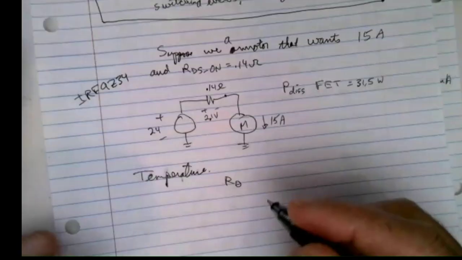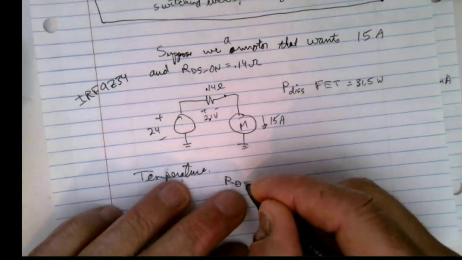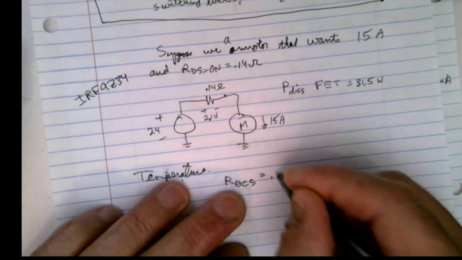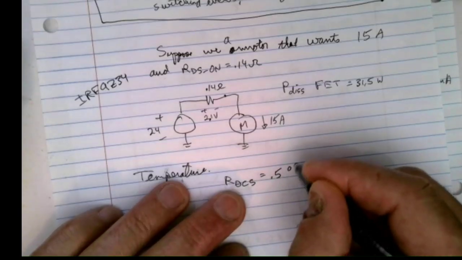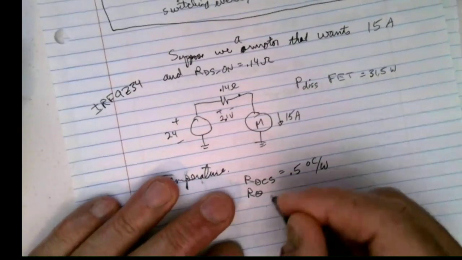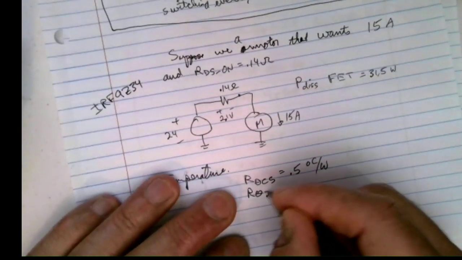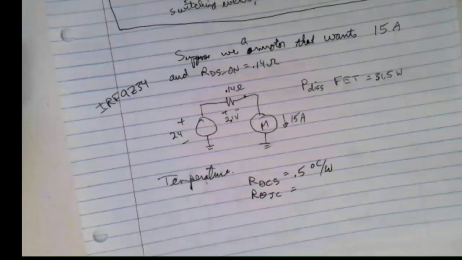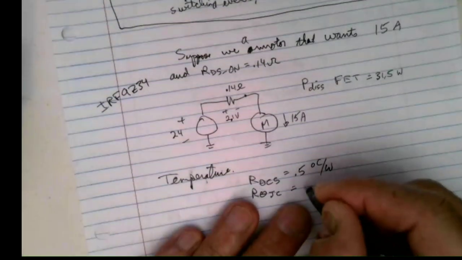R theta CS, case to sink, equals 0.5 degrees C per watt, and R theta J to case equals 1.7 degrees C per watt.